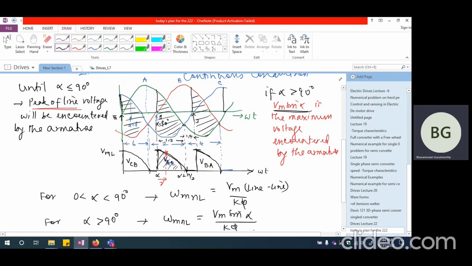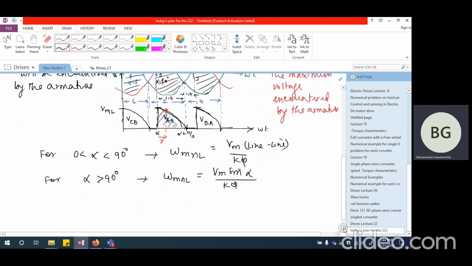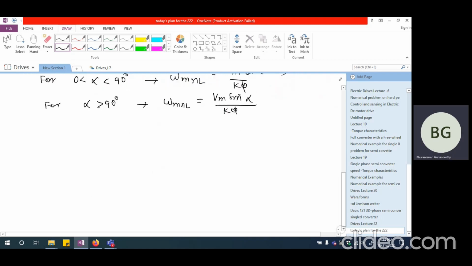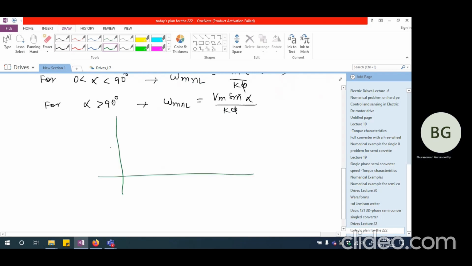So just to indicate this in the speed torque characteristics, we should show it somewhat like this. Let us say this is the omega axis and this is the TE electromagnetic torque axis. So if it is a full converter, we actually drew this somewhat like this. This is for alpha equal to 0.